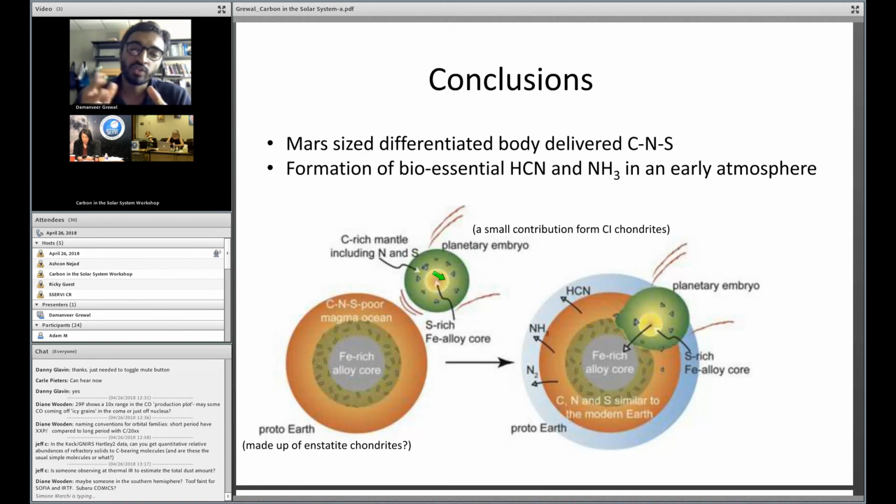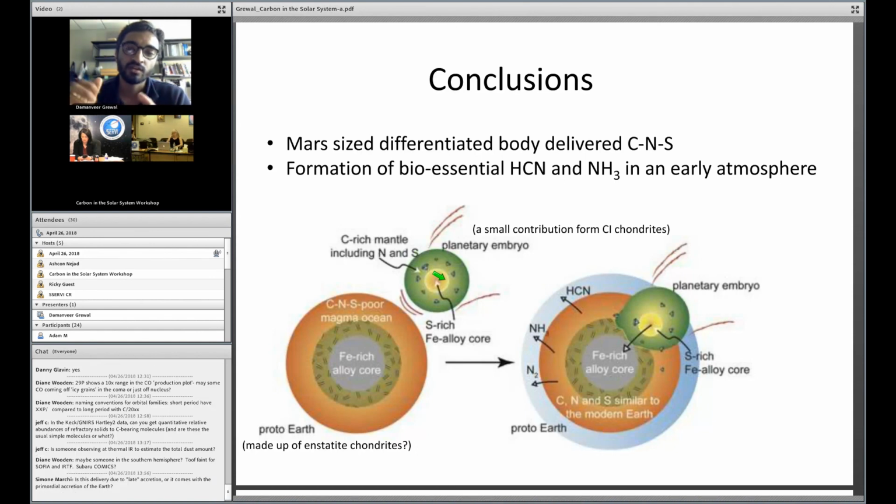Yeah, so I think that's a pretty valid question. When we have looked at these kind of numbers, the two problems could have been that you could either lose the mantle of that body, or you could emulsify, or some of the core that goes into the proto-Earth could have also equilibrated. And we have tried to take these things into consideration as well.